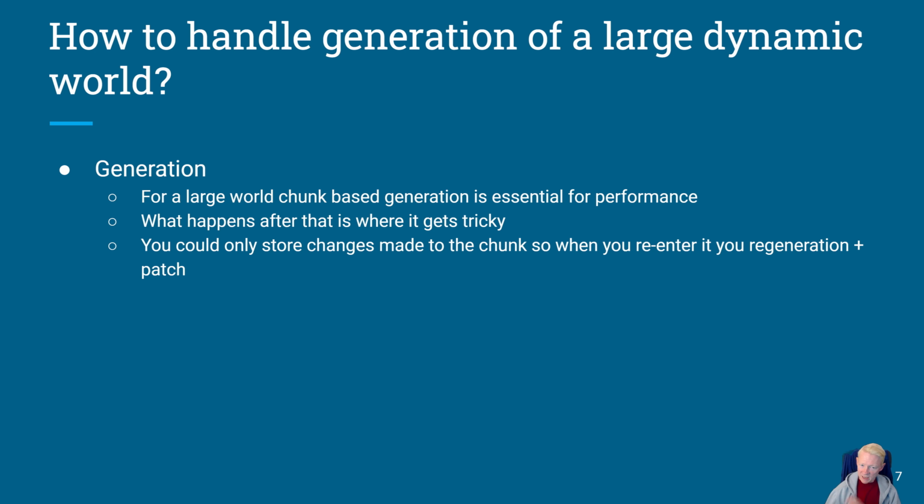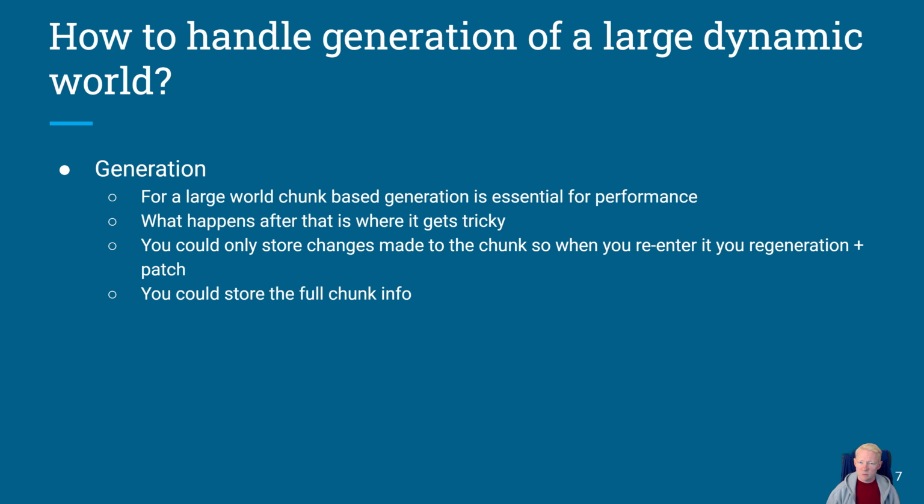So when we save out the game, we might save some generation parameters for that chunk, like the random seed, but mostly what you're storing is the changes. So that when you re-enter that chunk or need to reload it, you rerun the generation. That gets potentially quite expensive because you're doing that generation continually.